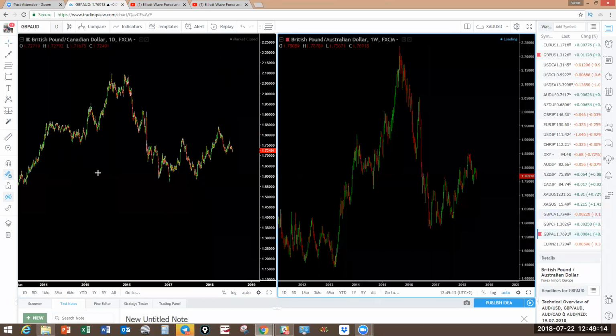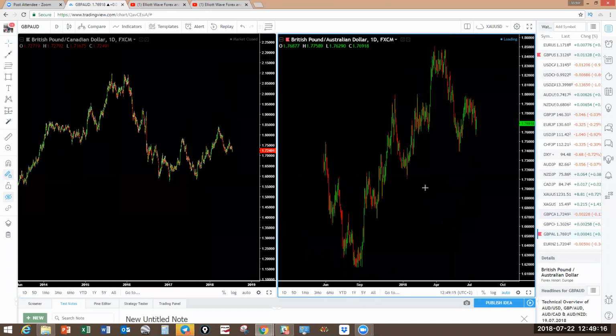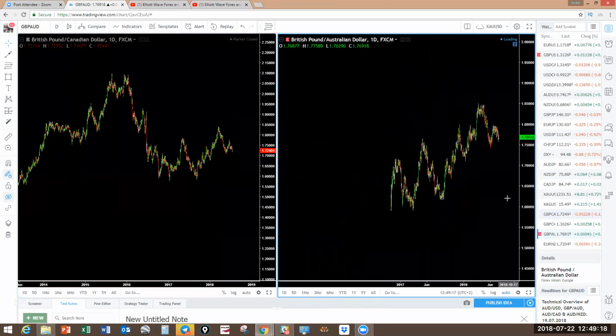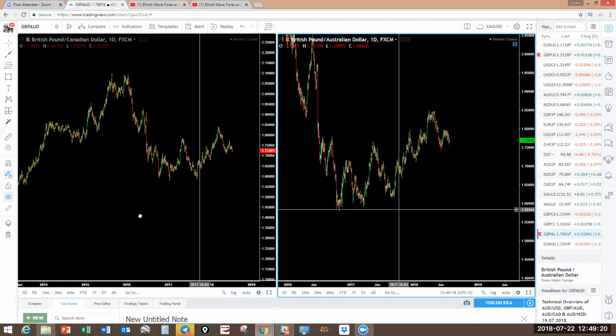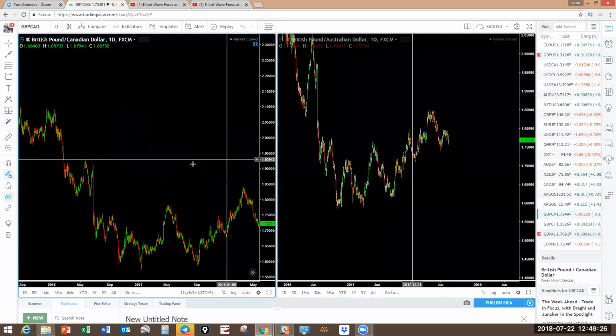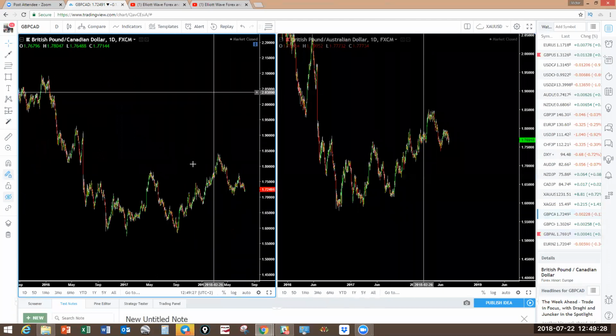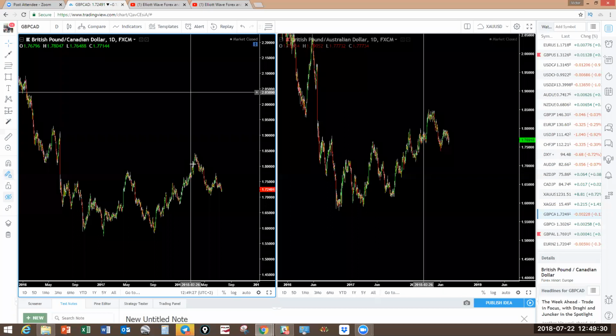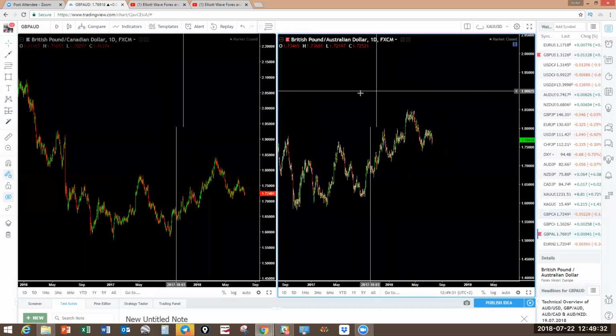Left-hand side is pound CAD, right-hand side is pound AUD.